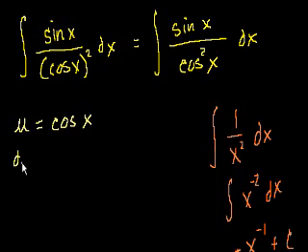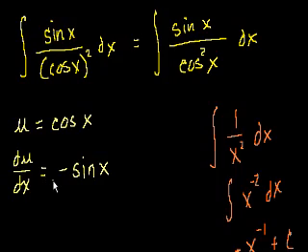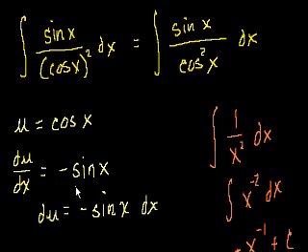So du dx is equal to what? What's the derivative of cosine of x? It's not quite sine of x, right? It's minus sine of x. And then we can multiply both sides by dx, and you get du is equal to minus sine of x dx. Up here we have sine of x dx, we don't have minus sine of x dx.